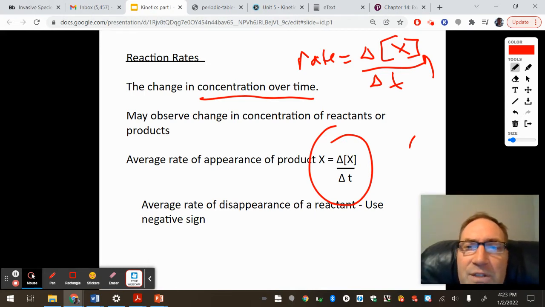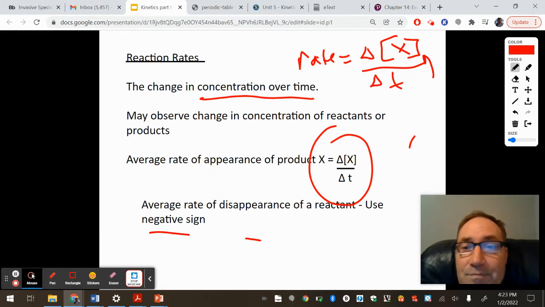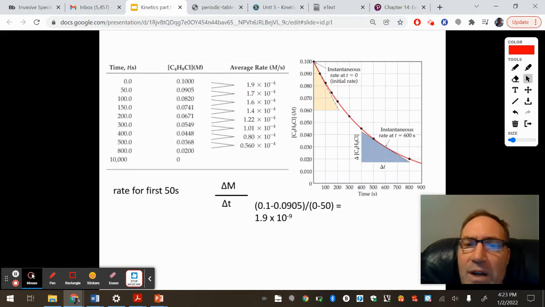So if we're disappearing, we say it's negative, okay? And if we're appearing or it's a product, we will make it positive. So that's what we do when we do kinetics.